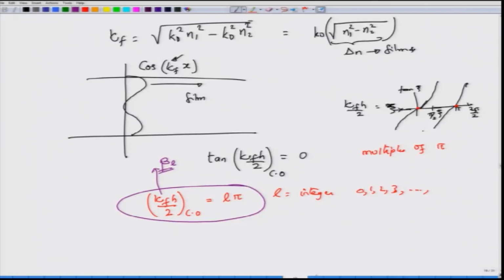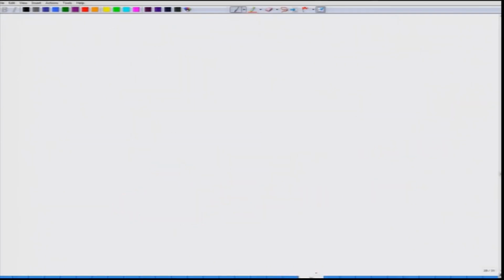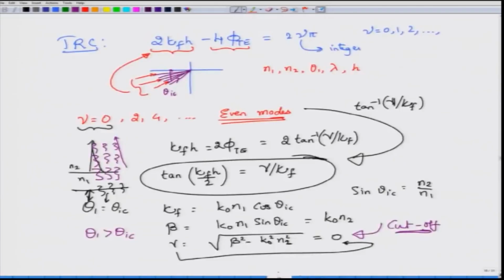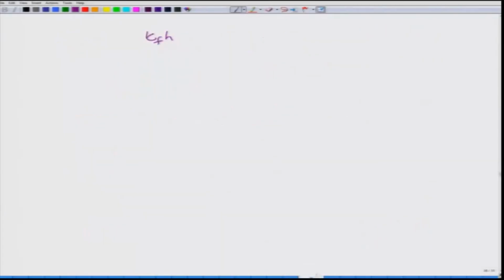Now, let us get back to the transverse resonance condition, which we wrote earlier. I believe the condition that we wrote here was 2 kappa f h minus 4 phi t e is equal to 2 nu times pi. So, let us get back to this condition and write it this way: phi t e is equal to (kappa f h minus nu pi) by 2, after dividing.